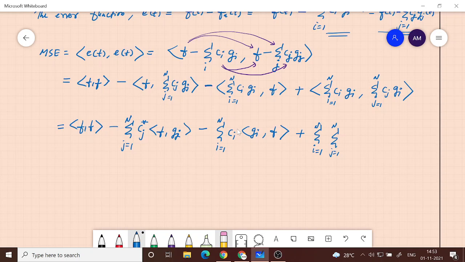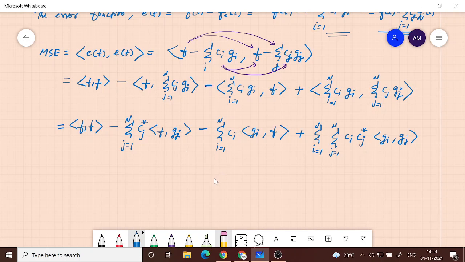Wherever it is the first entry, I will not have conjugation. Wherever it is the second entry, I will have conjugation. The shorthand notation is a very powerful tool. So here it is j. Is that clear? Yes, sir. Okay.